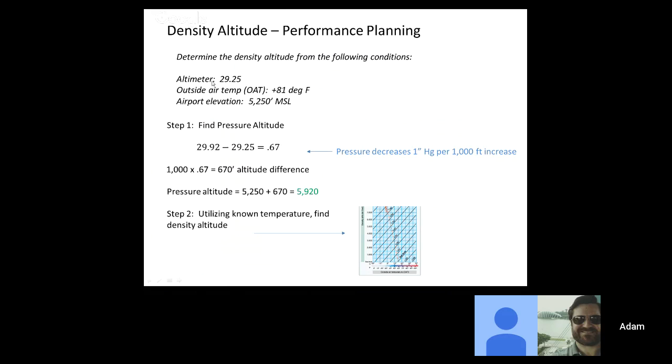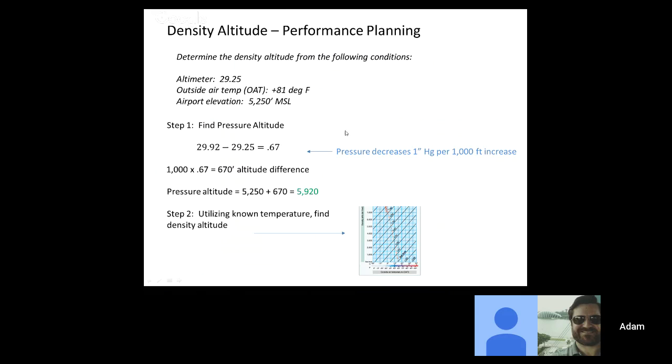Because as you go up, your pressure goes down. So if you've got a lower altimeter setting than your standard datum plane of 29.92, it means your pressure altitude is higher, so you must add that difference to your current field altitude. Understand or complete confusion? Good.